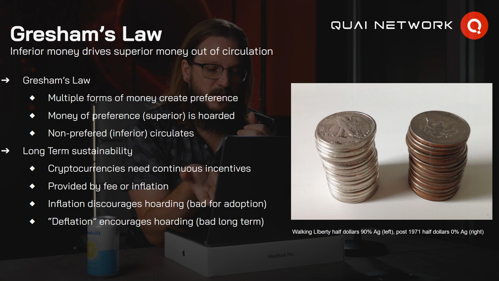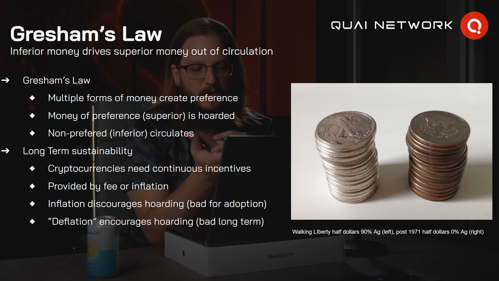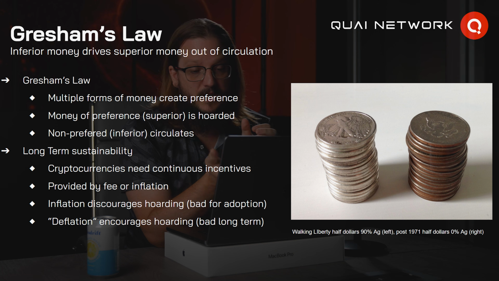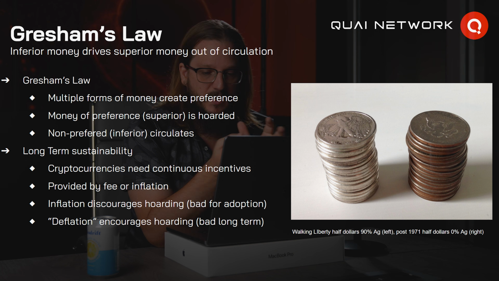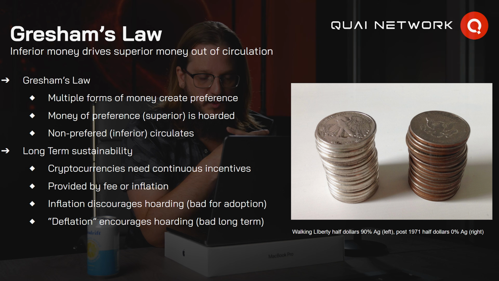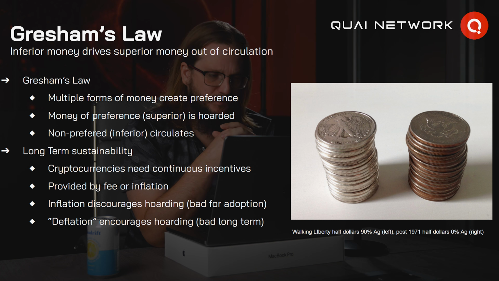In the example on the right here, I have these Liberty dollars that prior to 1971 were 90% silver, and on the right we have the post-71 dollars, which have no silver content. And if you've ever noticed, none of the pre-1971s circulate because the intrinsic value of the silver content is much, much higher than the half dollar itself.